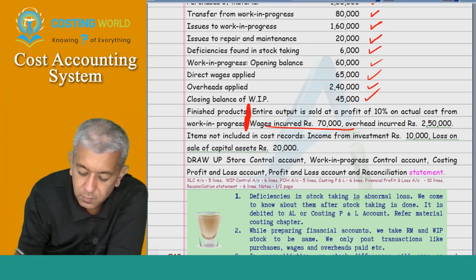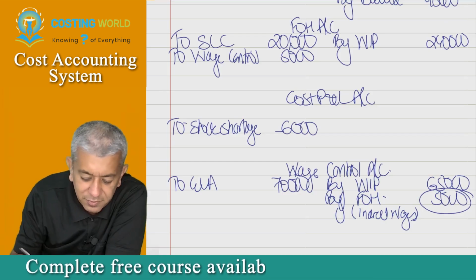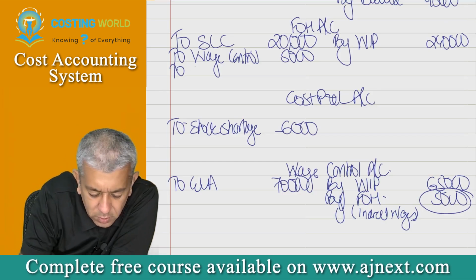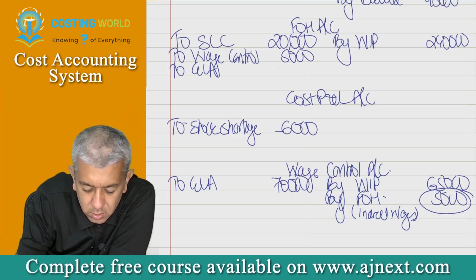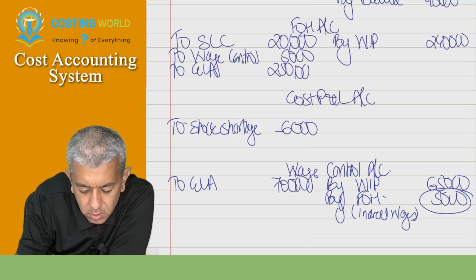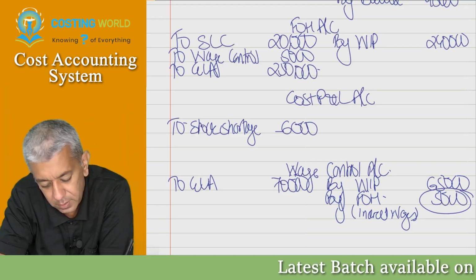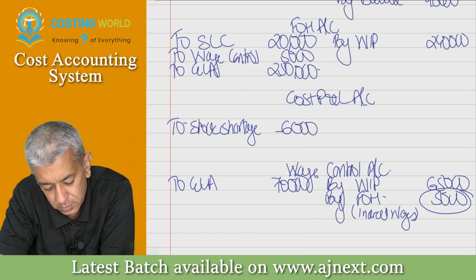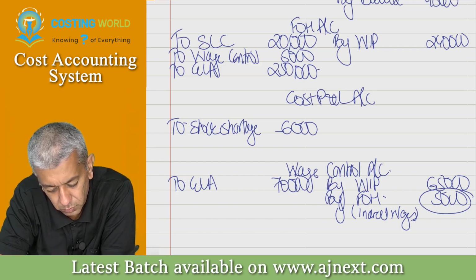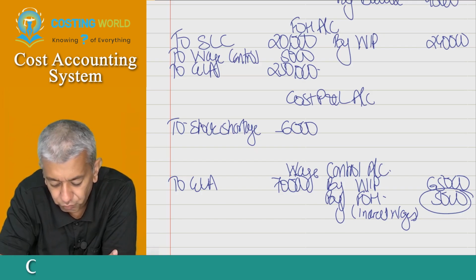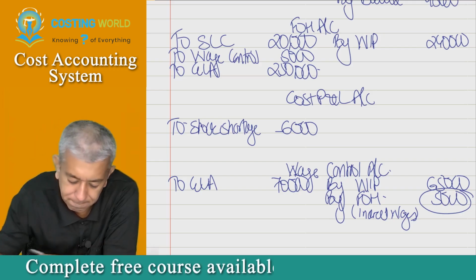Further, overheads incurred 2,50,000. So the entry should be FOH account debit to GLA. Done.